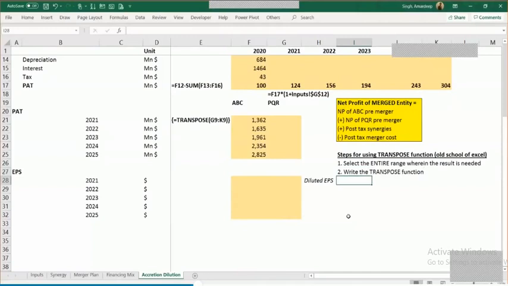Step number three is, or in fact over here, transpose function and provide reference to the entire source range. And the last step is basically press Control Shift Enter.